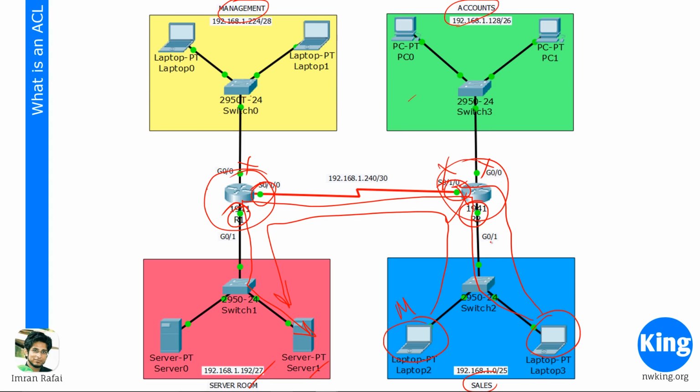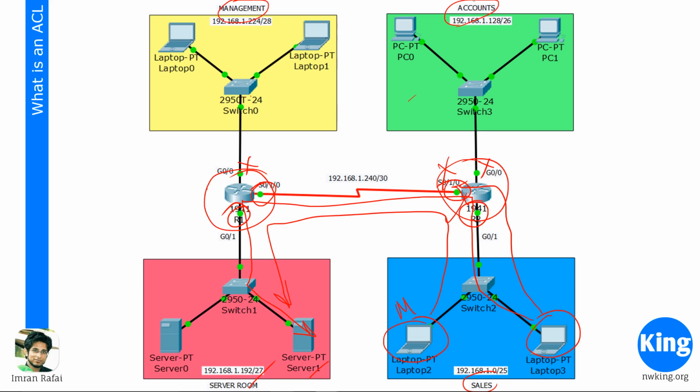Once we identify the path, we can decide where we need to apply that filter, right? Don't worry about the filter. What and how the filter is applied, that's all secondary. We'll learn in the next slide. But for this slide, the main thing that you need to understand is we need to identify the flow of traffic. Once we identify the flow of traffic, we can put the relevant filters in these interfaces, right?